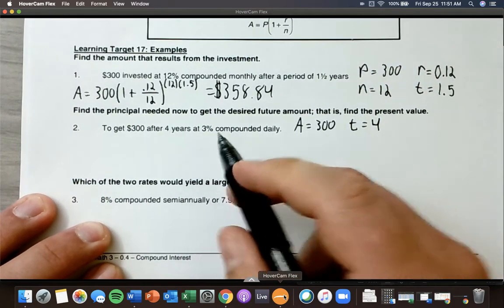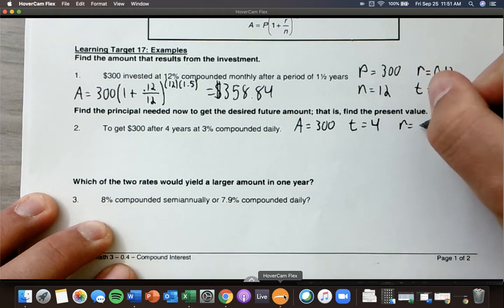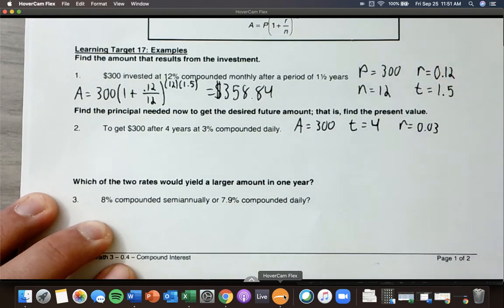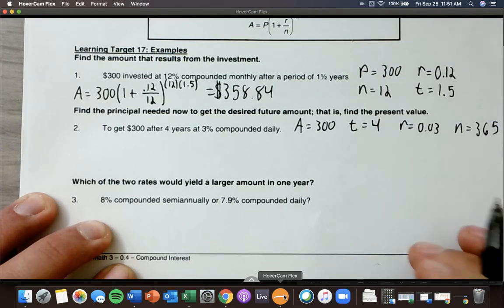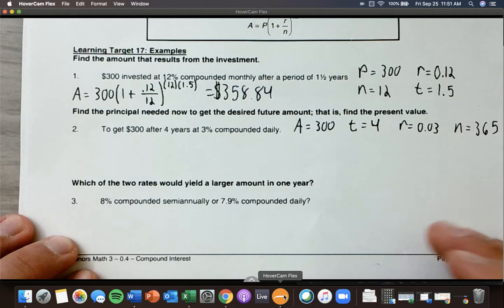It's at 3%, so our rate is 0.03, and it's compounded daily. That means that our N is going to be 365, because it's being compounded every day, and there are 365 days in a year.